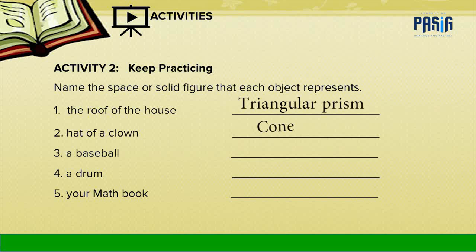Number 3. A baseball. Correct answer is sphere. Number 4, a drum. What solid figure? Correct answer is cylinder. And number 5, your math book. And the correct answer is rectangular prism.